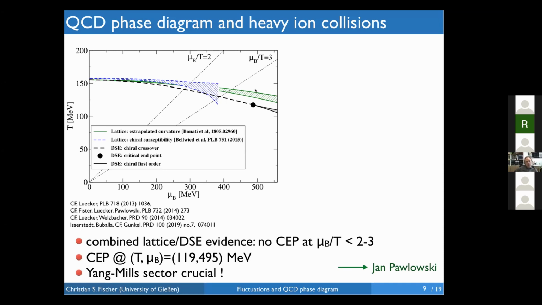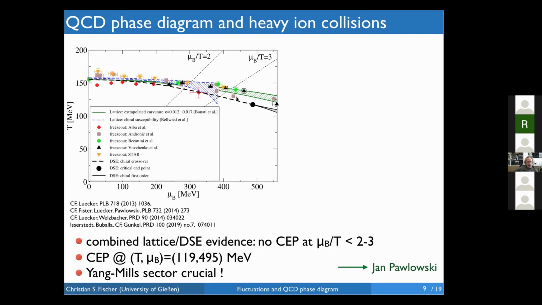And within the small offset of temperature, as I said, the critical temperature here is an input. So actually, at some point, we should adjust this to the latest results. You can see that up to the point of, let's say, mu over T equal 3, there's very good agreement between all the results.